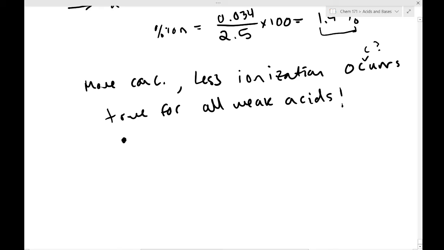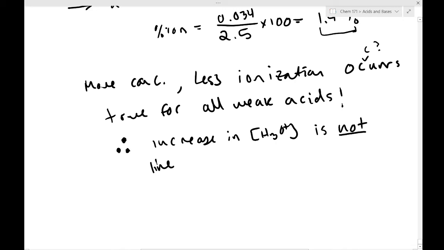So therefore, the increase in H3O+ concentration is not linear with an increase in initial acid concentration. It's not linear for weak acids.